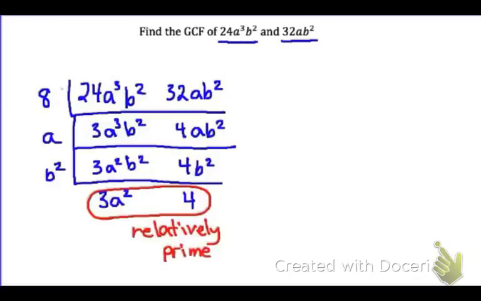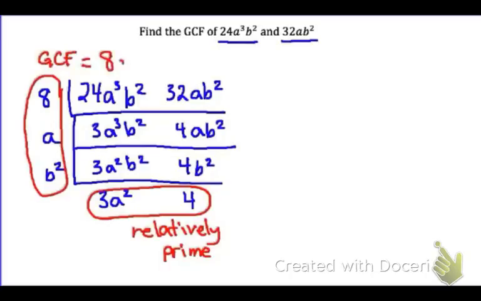And on the left, we have our common factors. If we multiply those together, we get a value for the GCF that equals 8ab squared. So this is one technique of doing this.